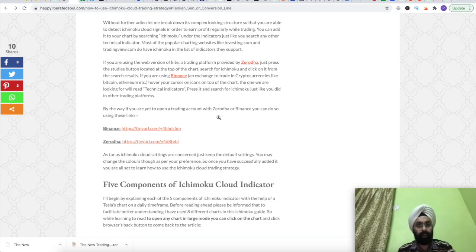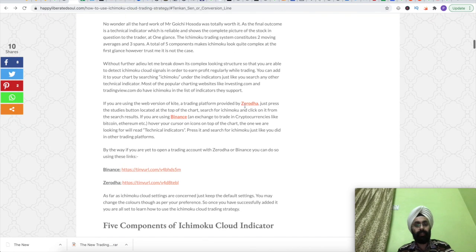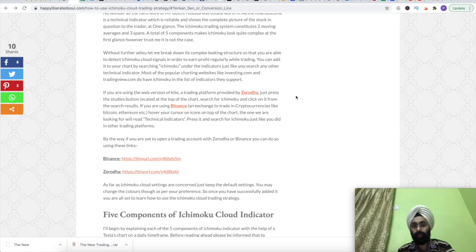indicator to your chart. I will try to cover 2 to 3 possible trading accounts and exchanges, like Binance, which is a very popular exchange for crypto trading, and Zerodha, which is another important discount broker in India, and you can trade Indian stocks, Indian indexes, commodities, MCX commodities, and even currency.